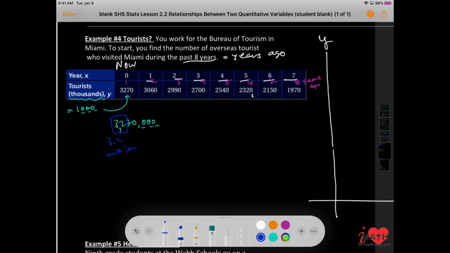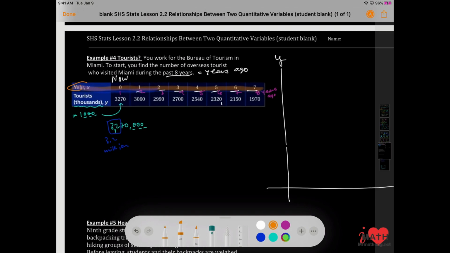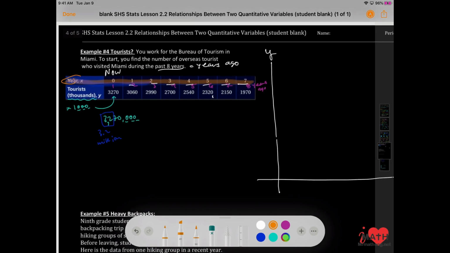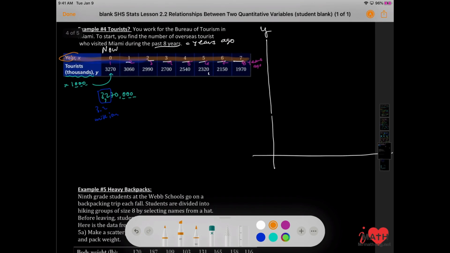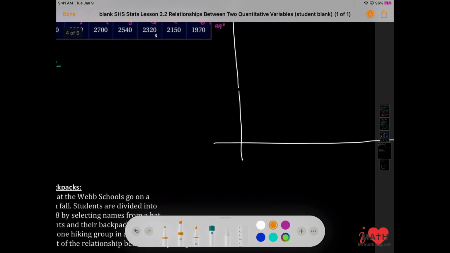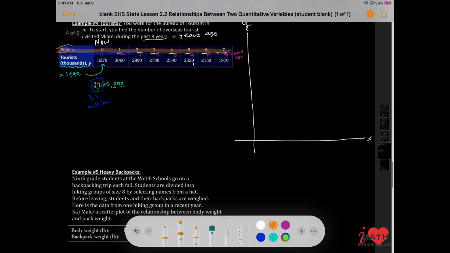So it tells us my explanatory, let's just highlight that. Orange, guys. That's what I'm going to put. So let's go ahead and put in orange tourism in the past 8 years, okay?